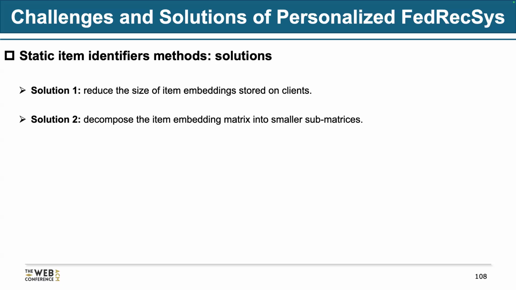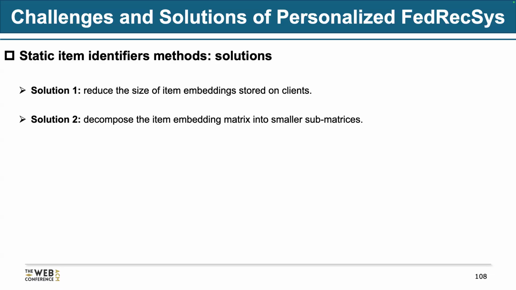Furthermore, decomposing the item embedding matrix into smaller sub-matrices on client devices is another effective solution. This not only conserves local memory, but also allows for the transfer of these decomposed sub-matrices during federated optimization, thus reducing the communication overhead.